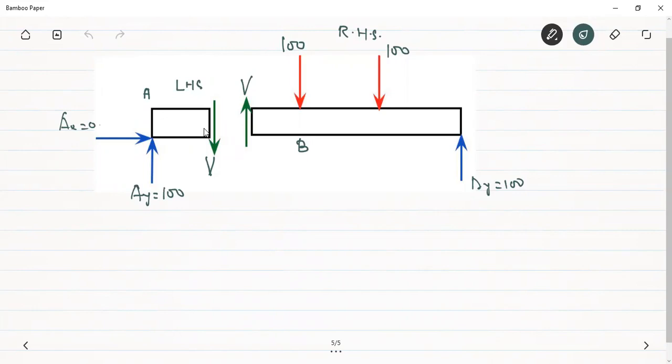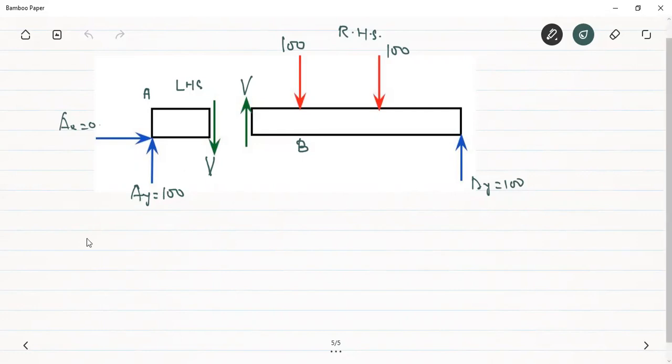What are the vertical forces towards the left hand side of the section? Only Ay is the vertical force, isn't it? Forget about this, Ax is 0. Therefore, for the shear force we have to make the summation of all these vertical forces, but I have only one vertical force here.